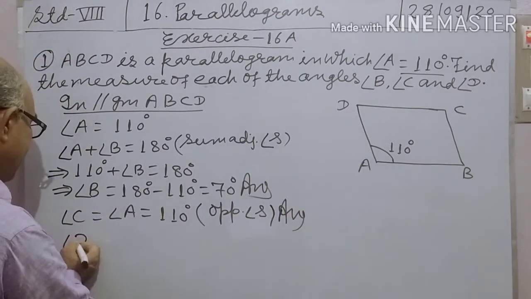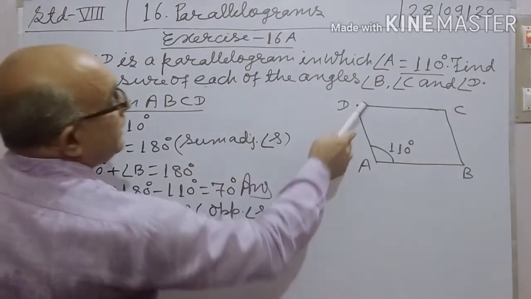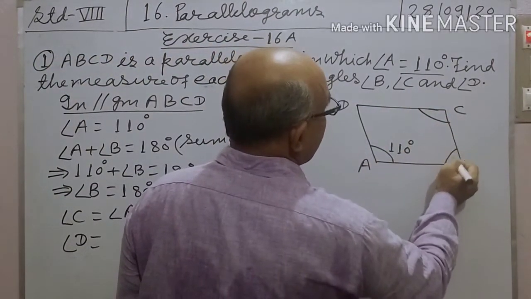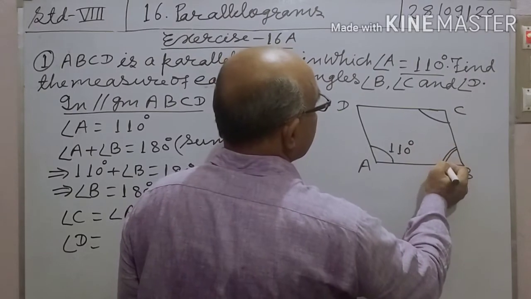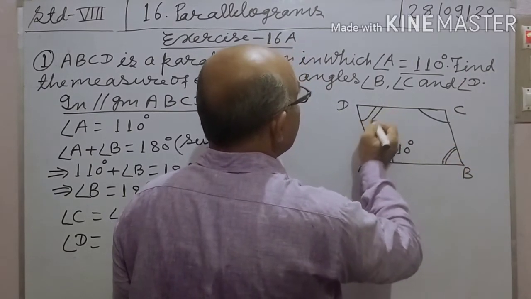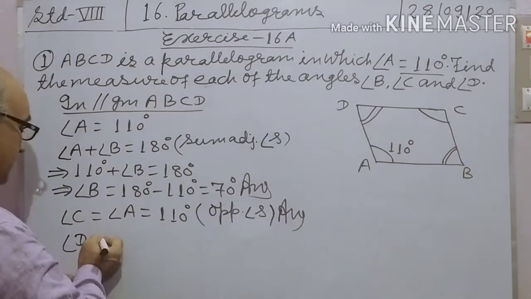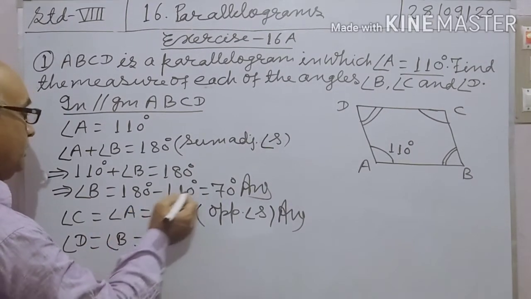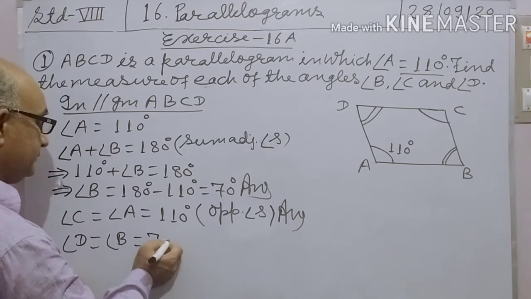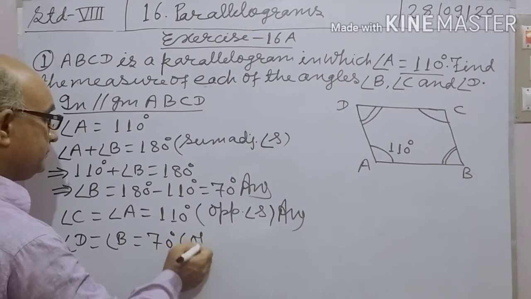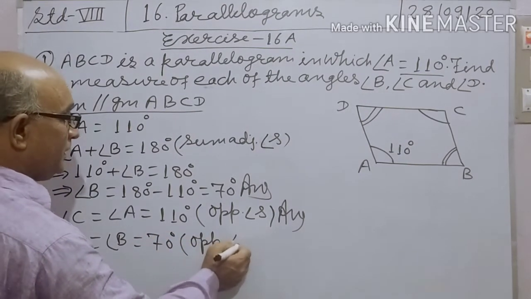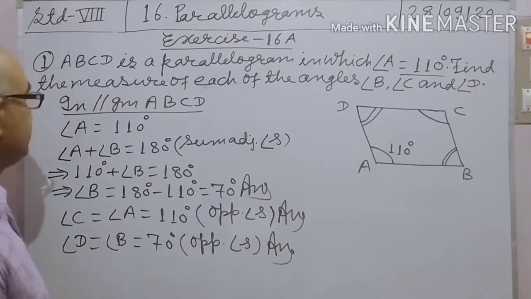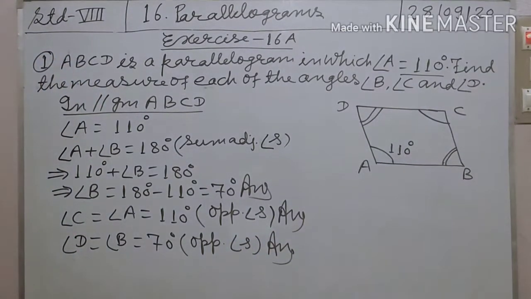Now find angle D. Angle A equals angle C and angle B equals angle D. Angle D equals angle B, which is 70 degrees. Opposite angles are equal. Understand and write it.